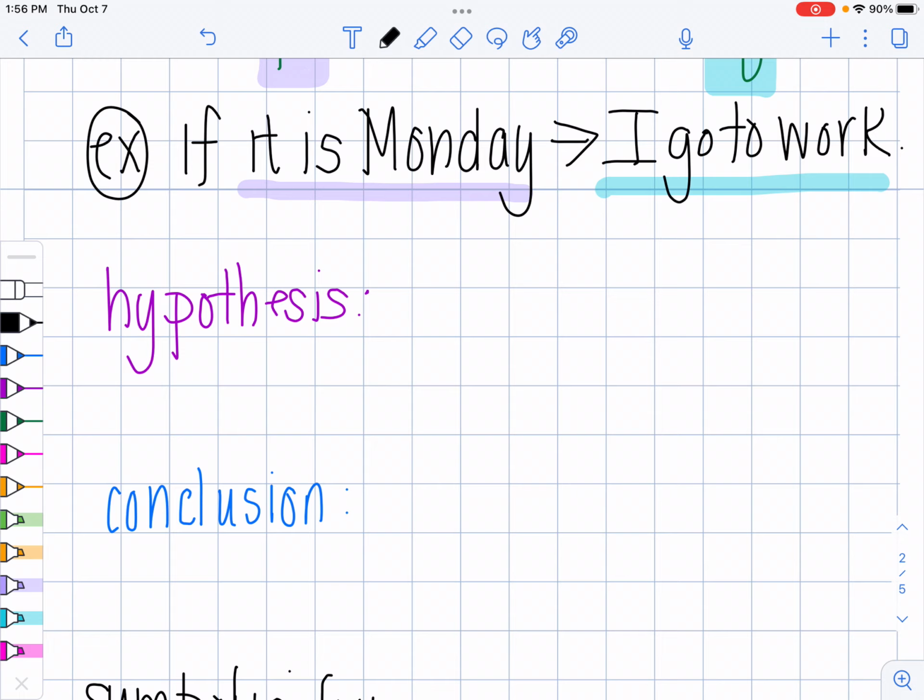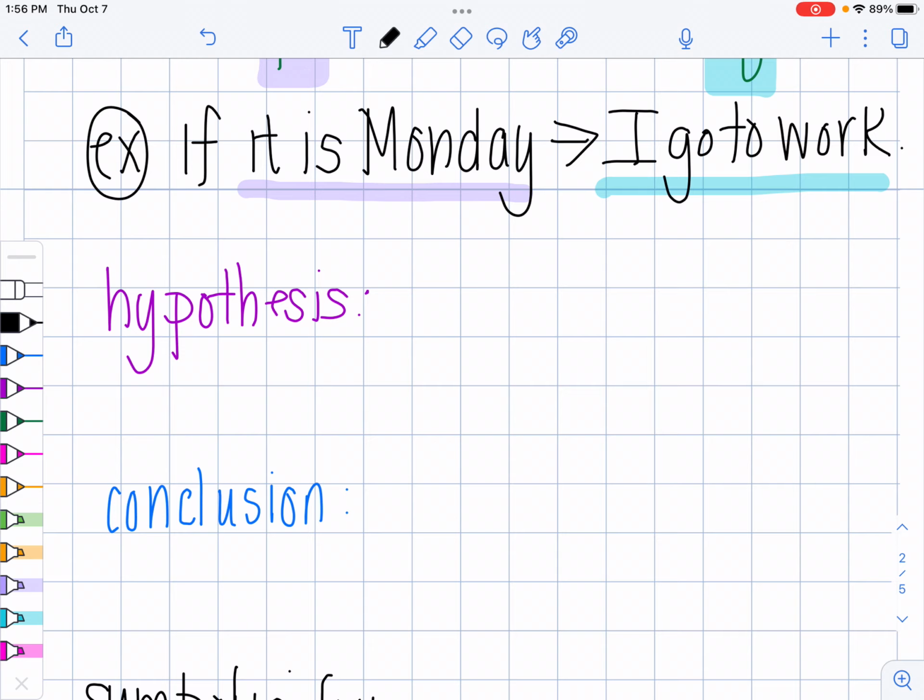Remember, a conditional statement can either be true or false. We'll talk more about that next time. If you're thinking, if it is Monday, then I go to work, that might be true for some of you and false for some of you. But it doesn't matter whether it's true or false. It just matters that we're talking about an actual conditional statement.